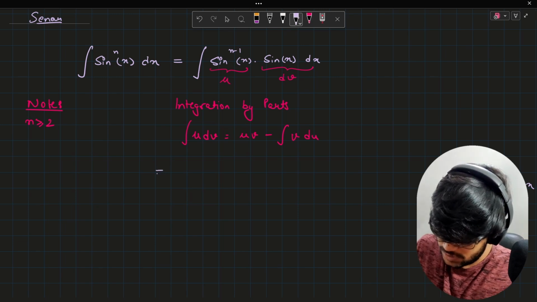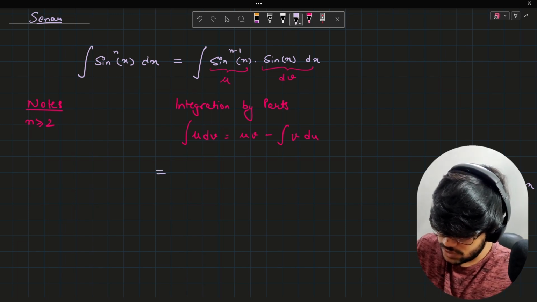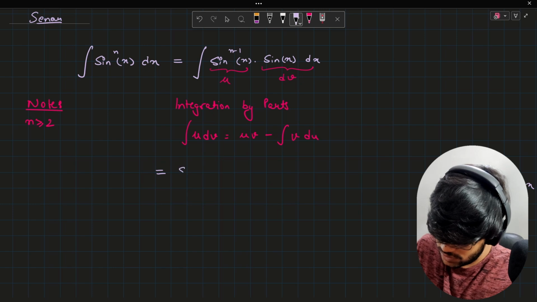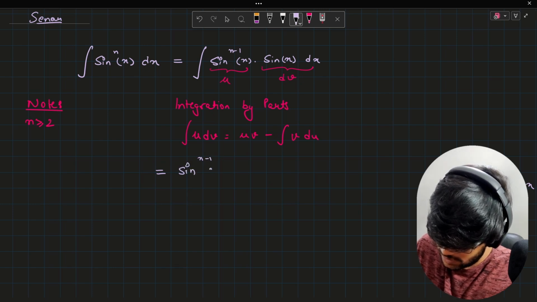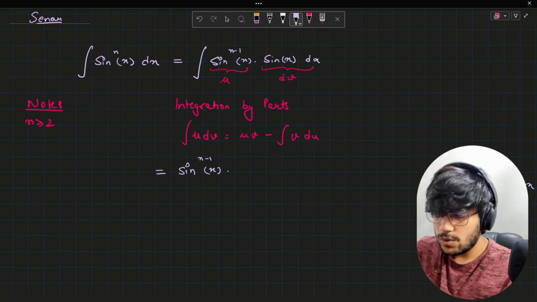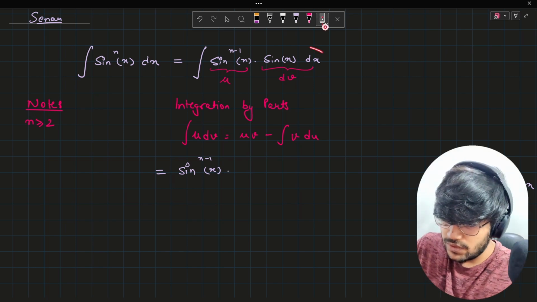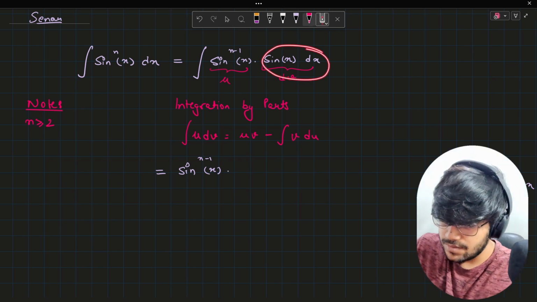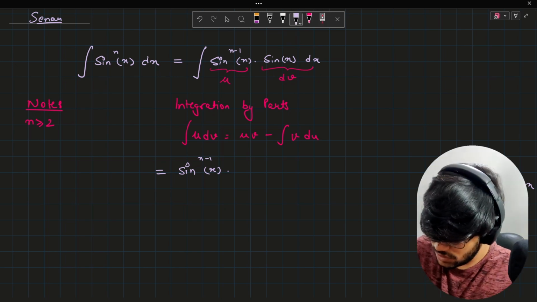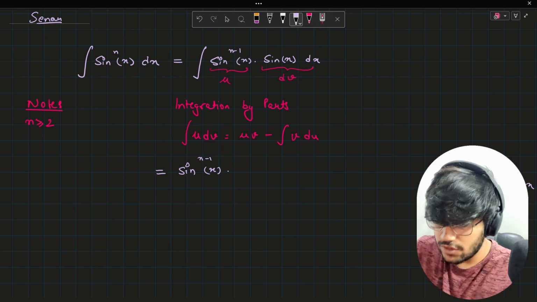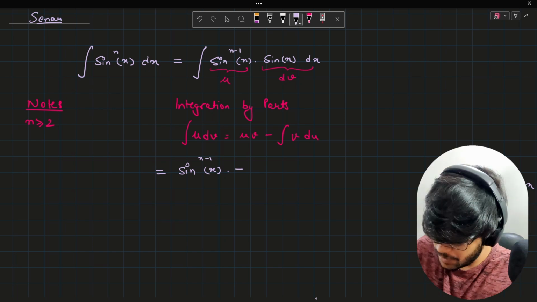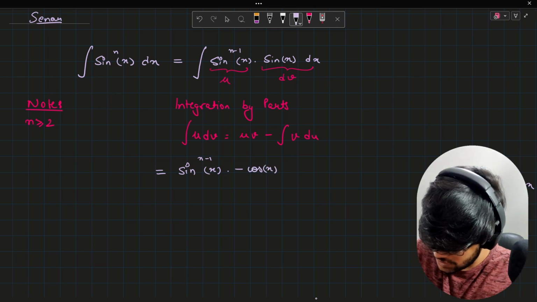So this equals uv, which is sine^(n-1) x times v. V is basically the integral of this, which is sine x dx. The integral of sine x dx is minus cos x.